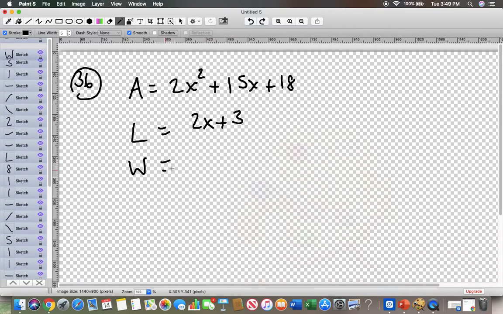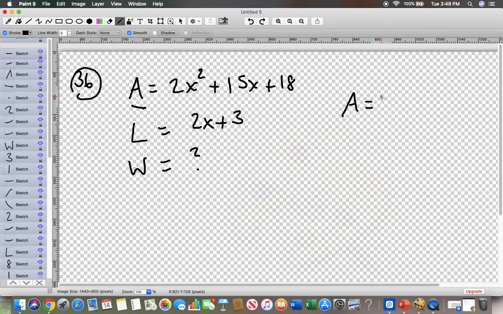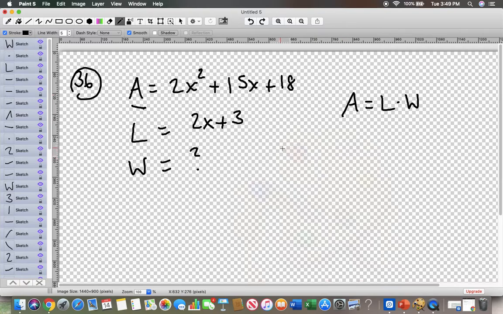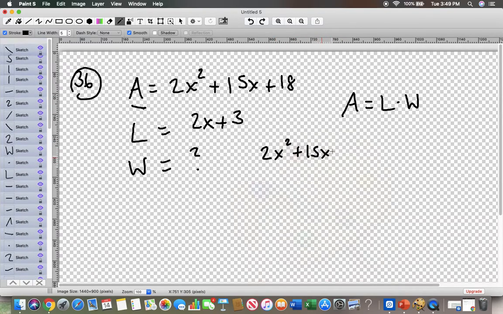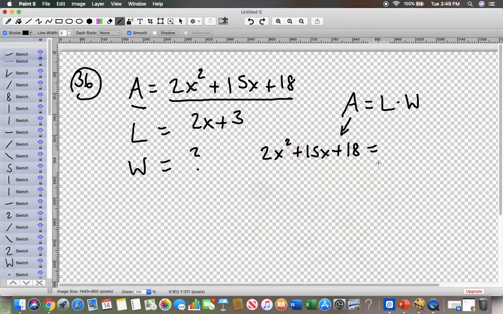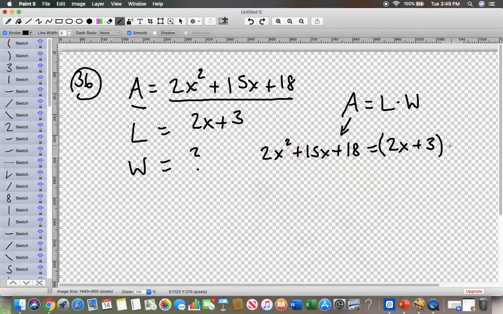And we're looking for the width. Well, A represents the area. And I know that the area of a rectangle is length times width, correct? Therefore, I have 2x squared plus 15x plus 18 that I can substitute in for my A, because it tells me what the area is, and I can set that equal to 2x plus 3 times whatever the width is.